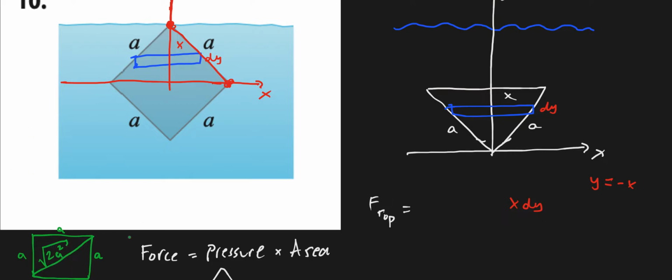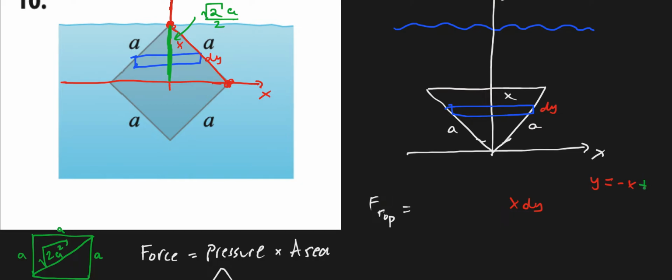So this is the square root of 2a squared over 2. Let me write this over here. So y, and then this is going to be equal to square root of 2a over 2. Okay, so this is our y-intercept.